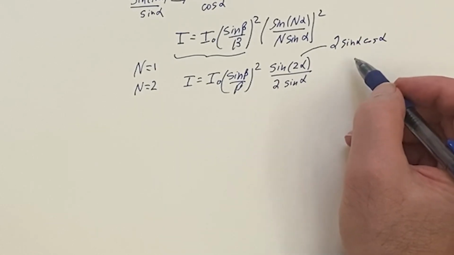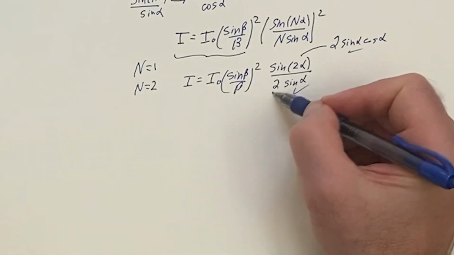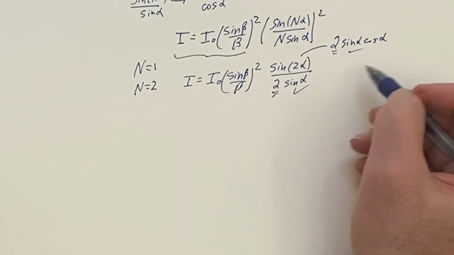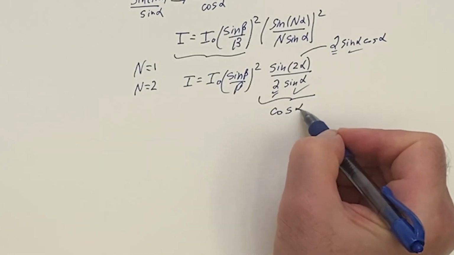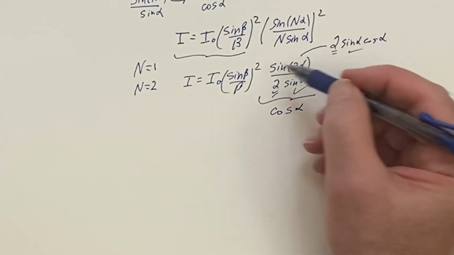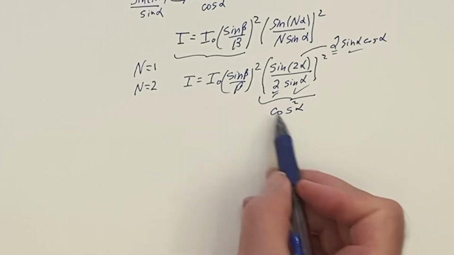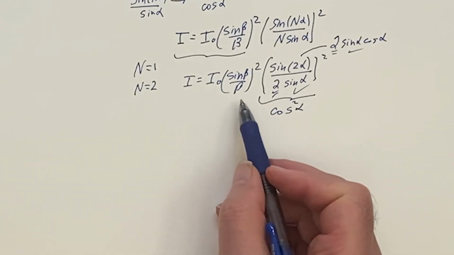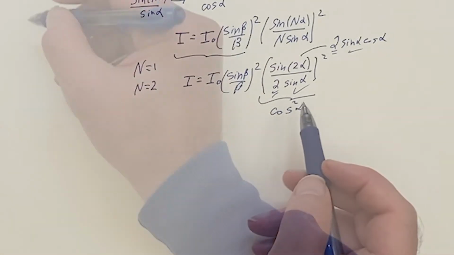In fact, we derived it. So this will cancel this, and the 2 will cancel the 2, and you'll have here cosine of alpha squared. And this is exactly what we had for the case of the 2 slits. So nice, diffraction and the interference.